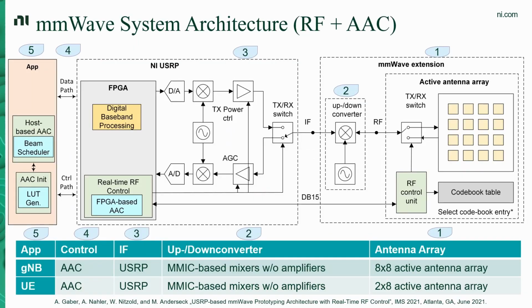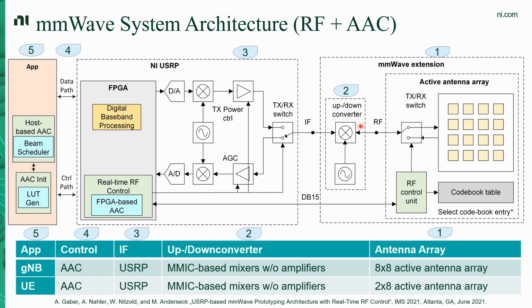This slide shows the proposed mmWave system architecture based on existing NI SDR. The first component on the right side is the mmWave front-end extension. The IF transmitter receiver represented by NI USRP is connected to an up and down converter to shift the IF signal into the RF frequency range.